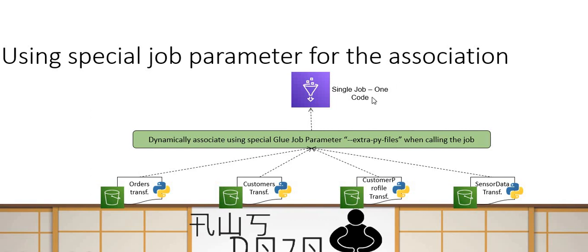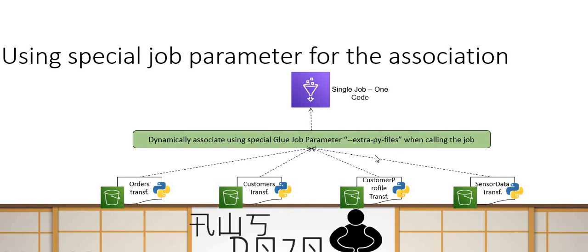And then to this single job, you dynamically assign these individual transformation codes using a Glue job special parameter called --extra-py-files.